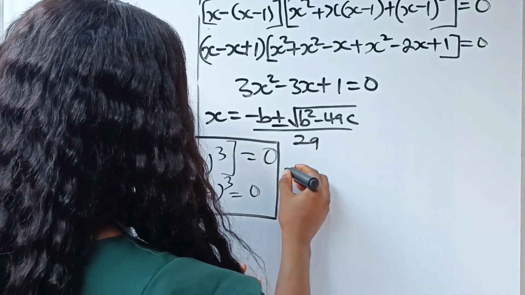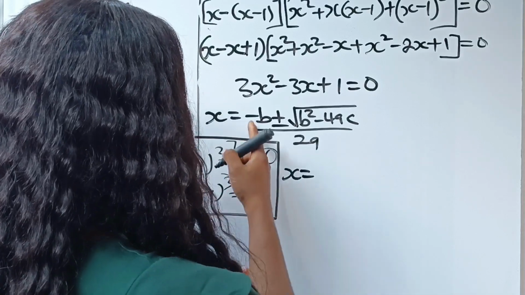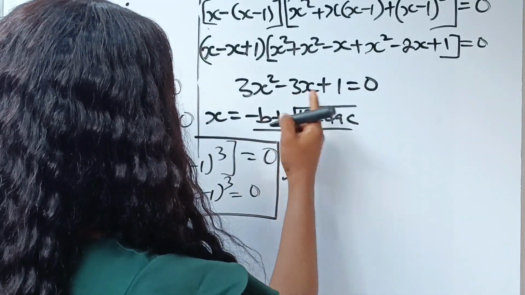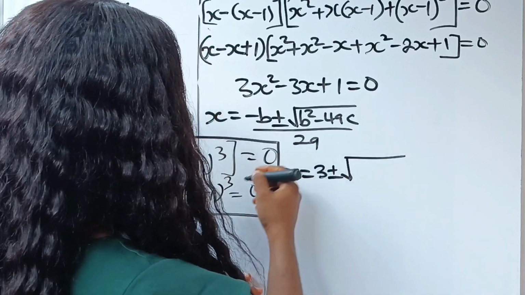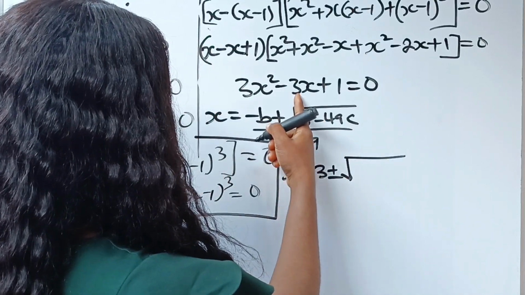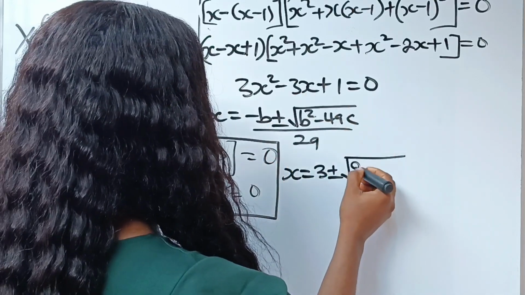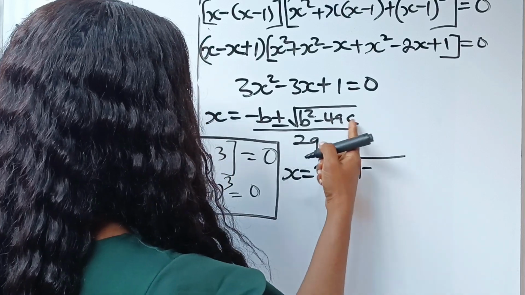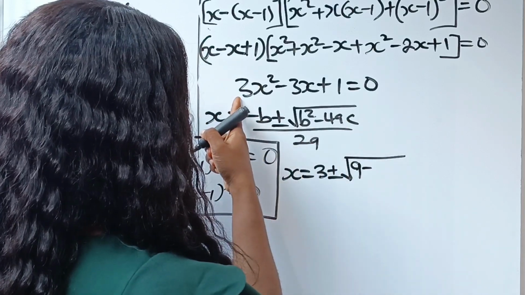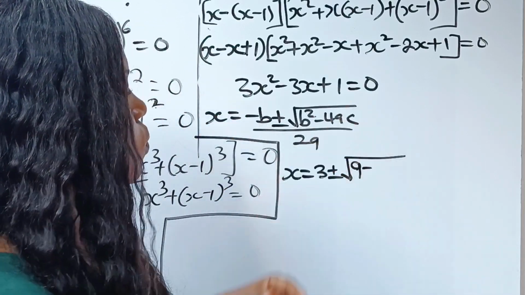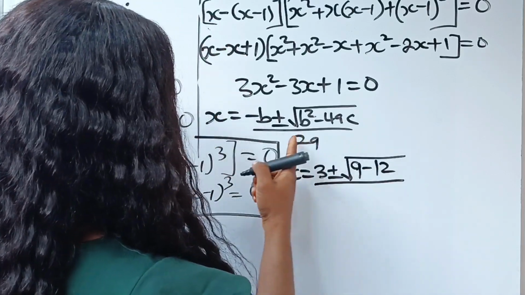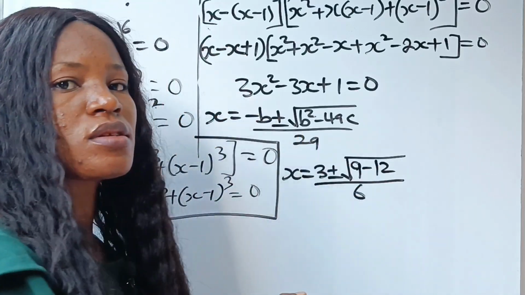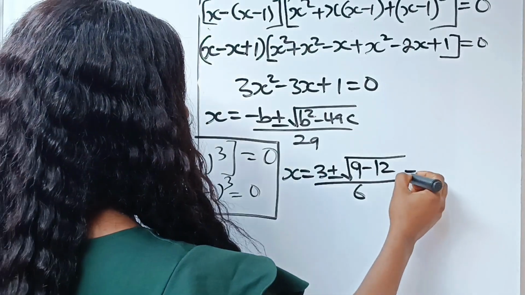So let's substitute here. We have that x is equal to minus b, that is minus minus 3, which is 3, plus or minus the square root of b squared, that is minus 3 squared, which is 9, minus 4ac, 4 times 3, which is 12, 12 times 1, which is still 12, divided by 2 times a, that is 2 times 3, which is 6.